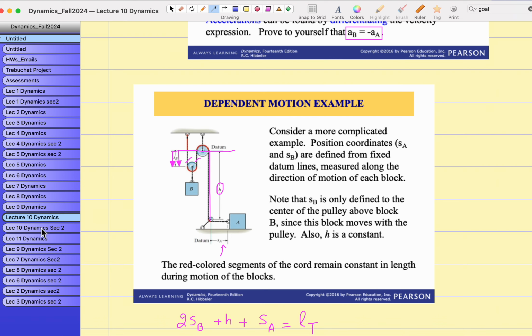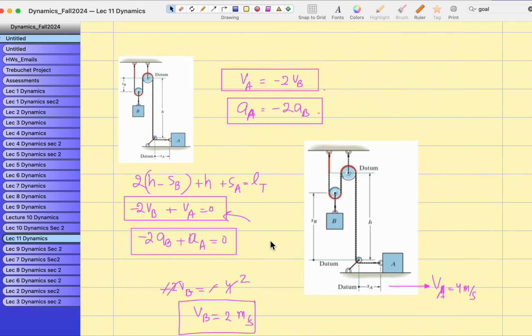S sub b means the direction. So now the direction of the positive axis is at the bottom, from the top to the bottom, and this is my datum line. Suppose, how do you find out the length of the rope in this situation?